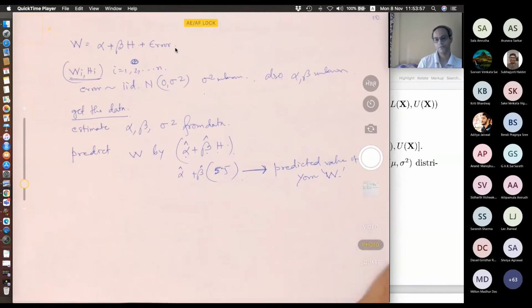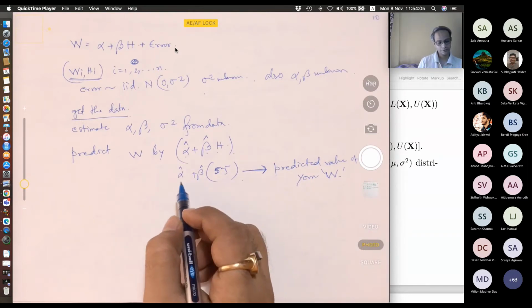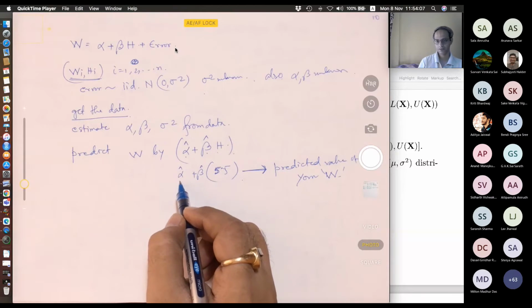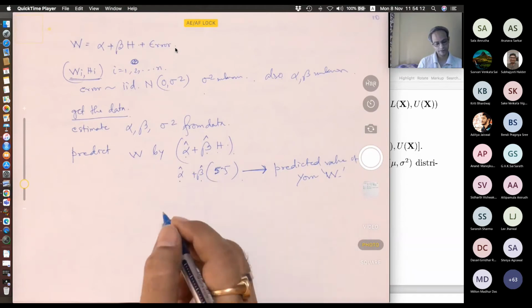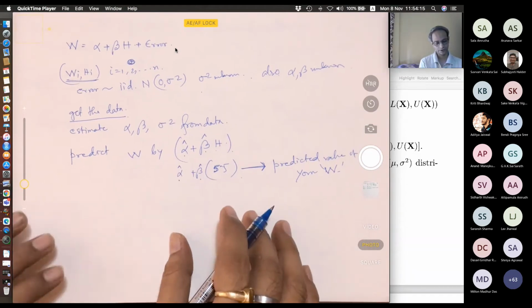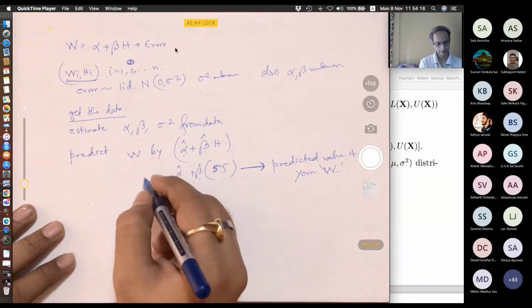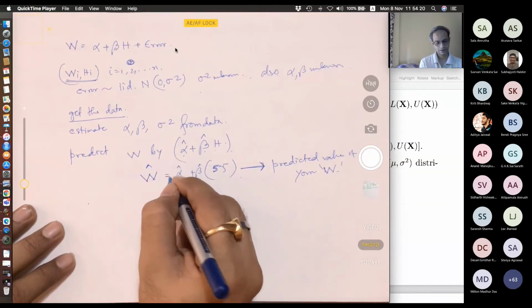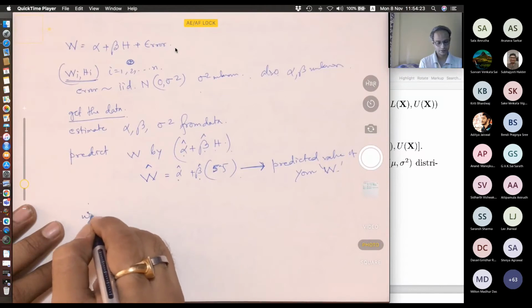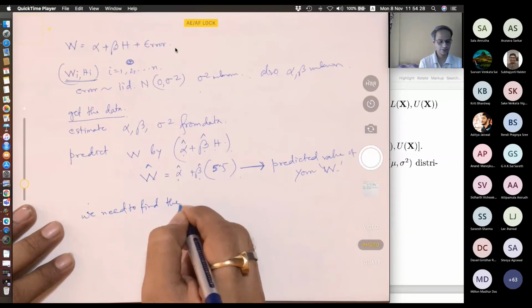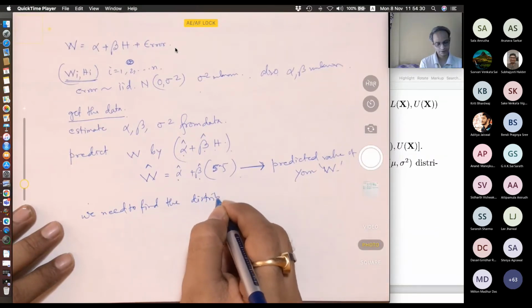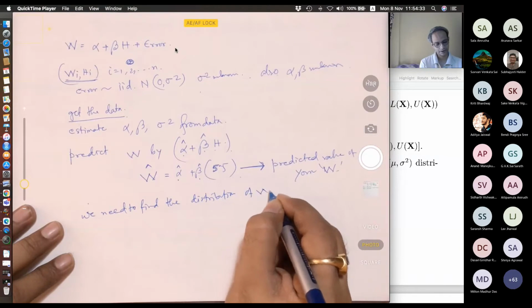Now if you look for an interval, then what you have to do? You need to study the distribution of alpha hat, and the distribution of beta hat. Then if I say this is W hat, we need to find out the distribution of W hat.